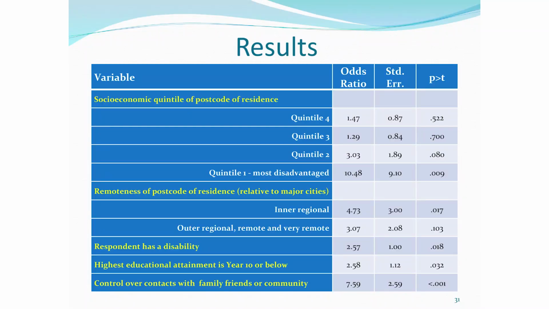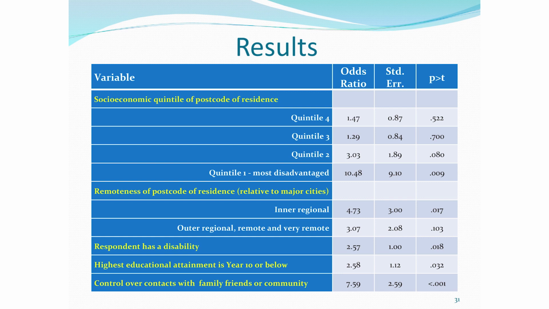Just looking down the odds ratios, don't worry about those that are not significant. These are just the only factors that were significant. So level of economic disadvantage: if you're in the most disadvantaged quintile of the population, the odds of you being a repeat victim of domestic intimate partner violence were 10, which is very big.